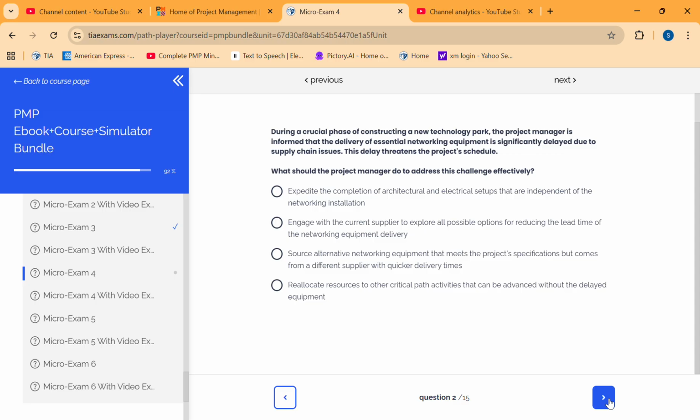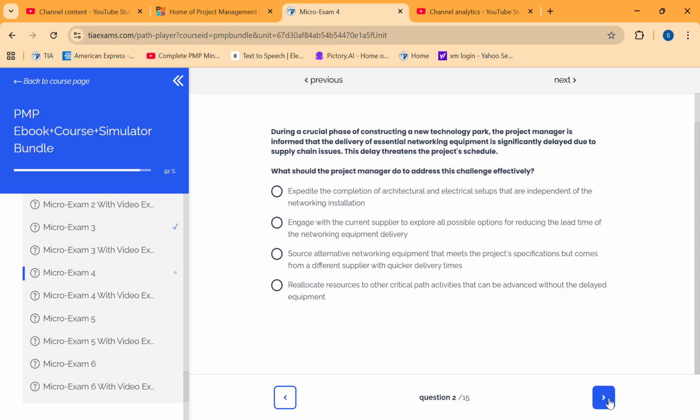I think first is not a good option. Engage with the current supplier to explore all possible options for reducing the lead time of the networking equipment delivery. This is also a good answer.